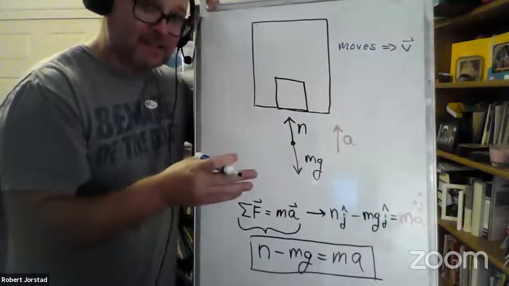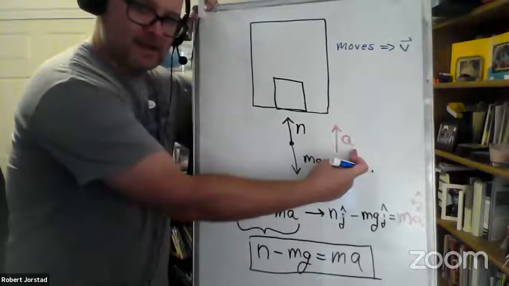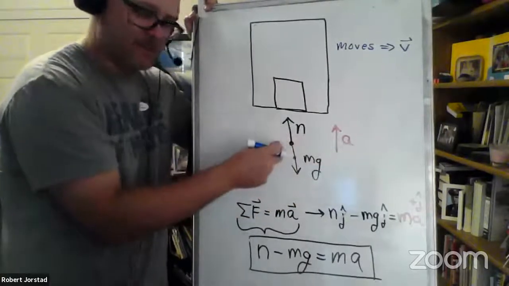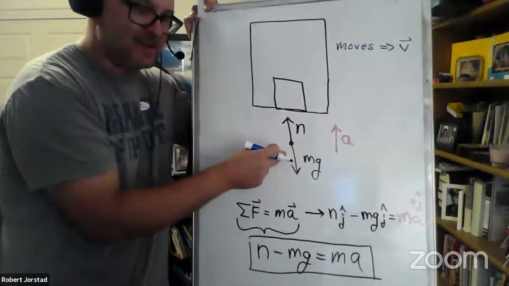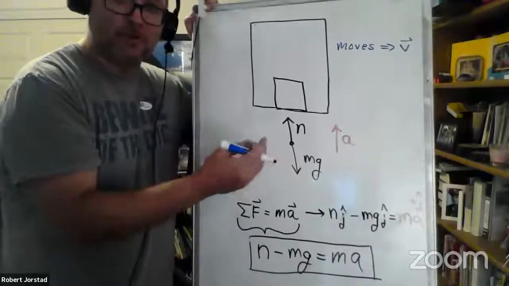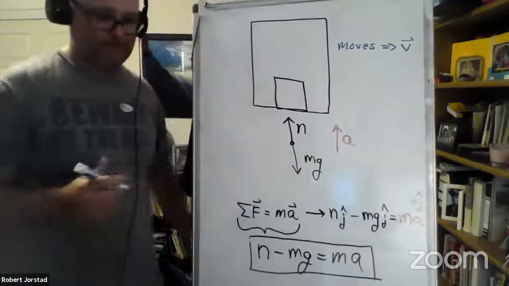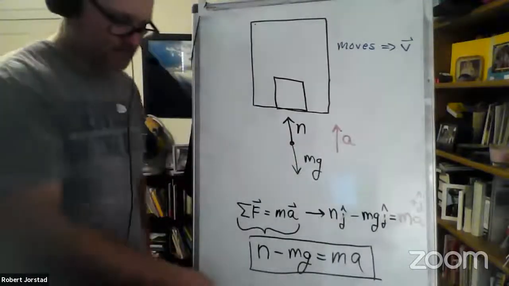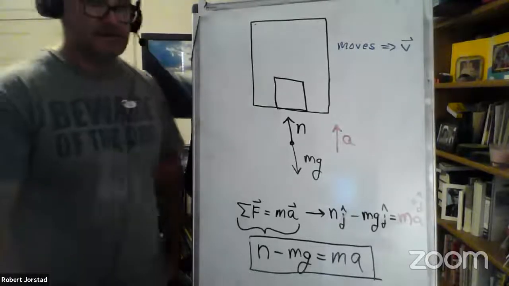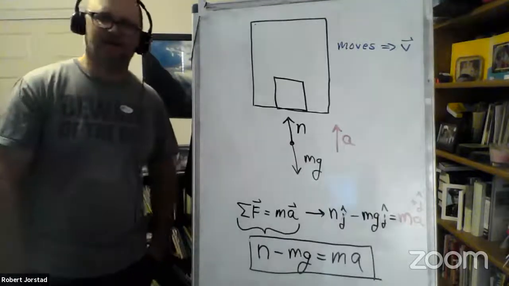The correct sentence is anytime this object accelerates upwards, N has to be bigger than mg. Now think. Describe a situation where you could be moving upwards, but N and mg could be equal. Is it possible to be moving if acceleration is 0?